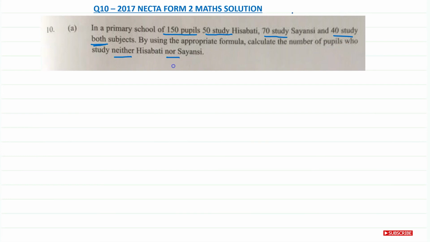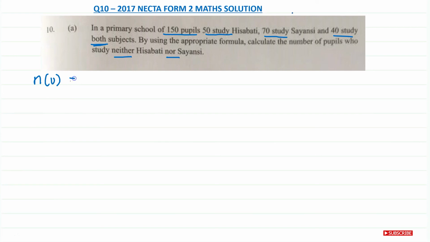So we need to find students who are not taking these two subjects. So let's just put down what we have here to make it all clear in our head. What we have: number of everybody. So we put number of the elements in the universal set.